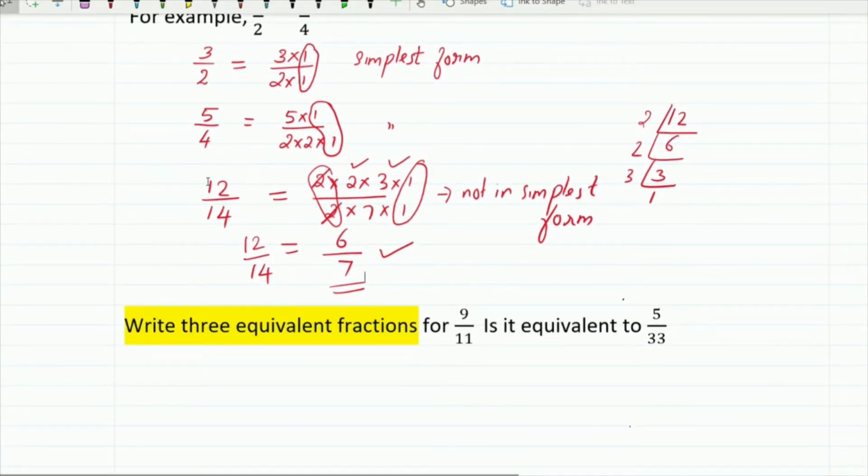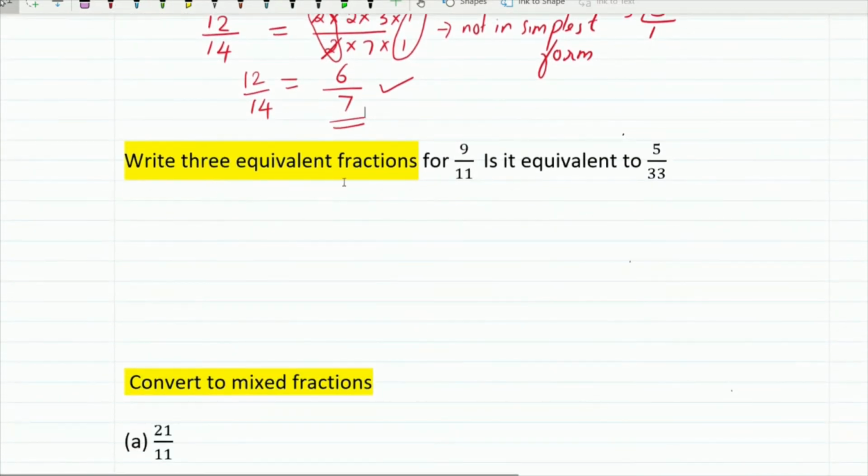Now the next one: write 3 equivalent fractions for 9 by 11. Is it equivalent to 5 by 33? So we write the fraction 9 by 11. For writing equivalent fractions of a given fraction, you have to multiply the numerator and denominator by the same number. 9 2s are 18, divided by 11 2s are 22.